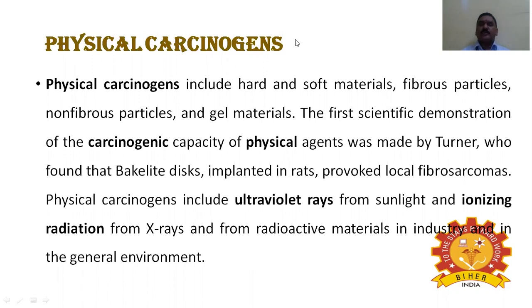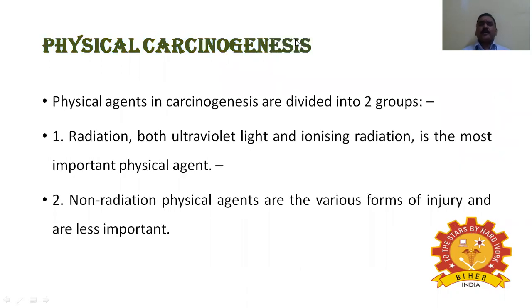Physical carcinogens include the ultraviolet rays from sunlight and ionizing radiation from X-rays and from radioactive materials from industries in the general environment. In continuation of physical carcinogenesis, physical agents are divided into two groups.